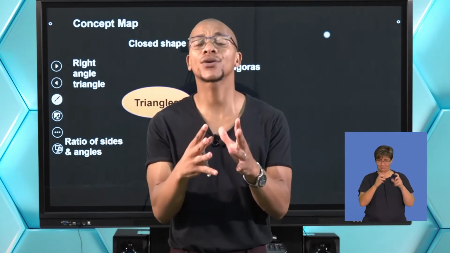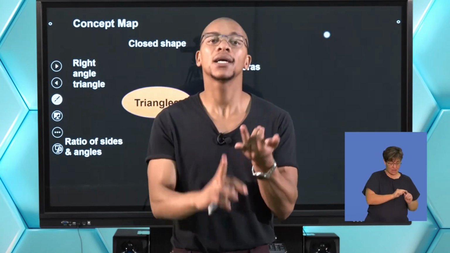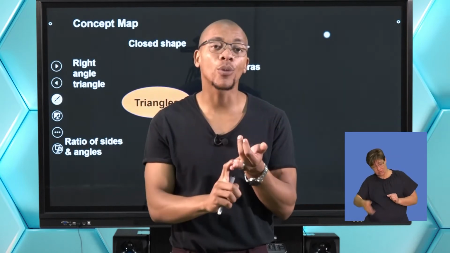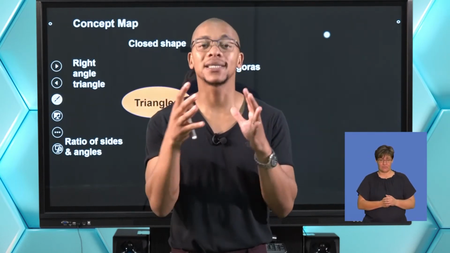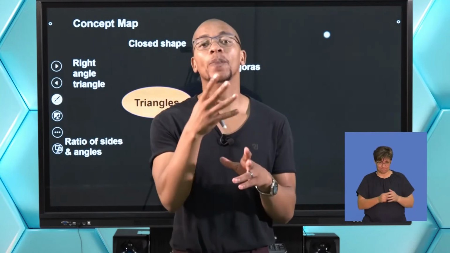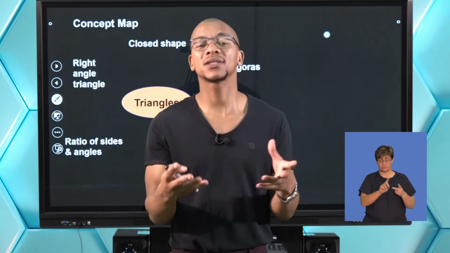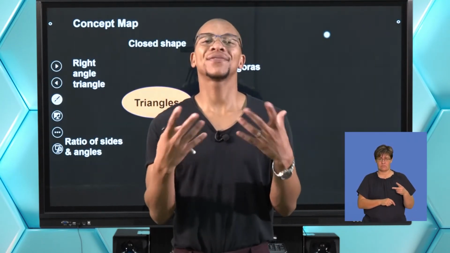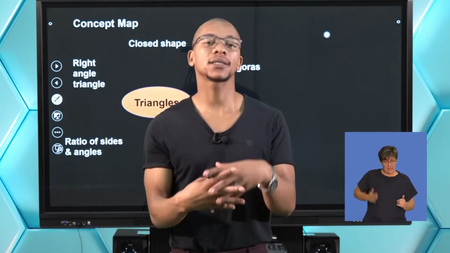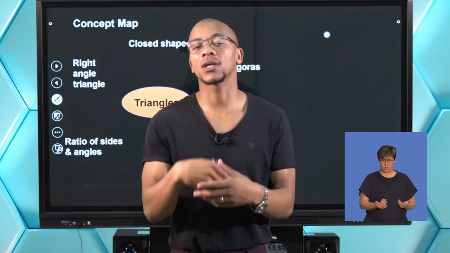So just make sure that it is the longest side and also it is opposite 90 degrees in a right-angled triangle. We also looked at the concept of how can I find sides, given maybe one side or given two sides.